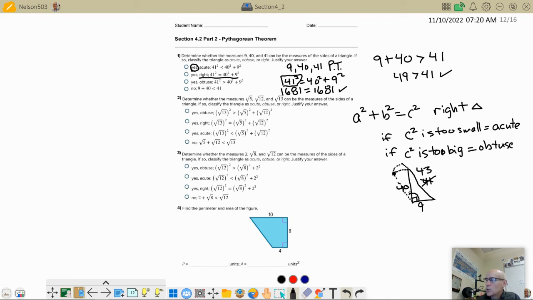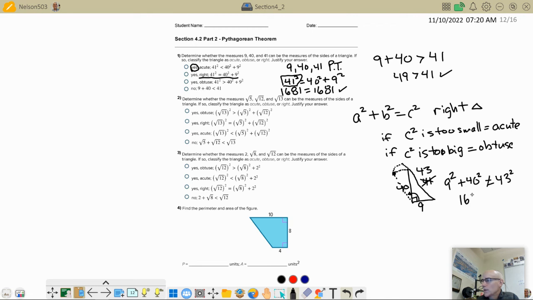So if it becomes 43, when you have 43 squared, I don't like where they have this on the left side where they're showing their work like that. I usually have my c squared on the other side. But you'd have 9 squared plus 40 squared, is it equal to 43 squared? Well, no, it's not going to be equal.